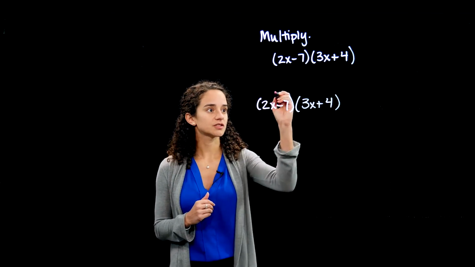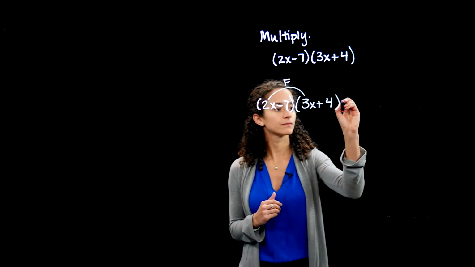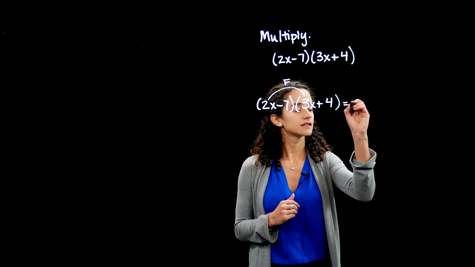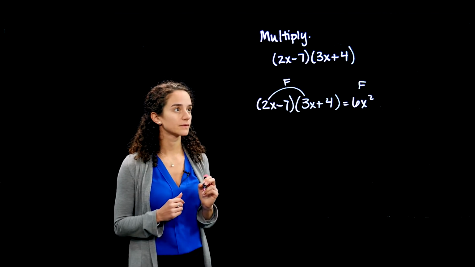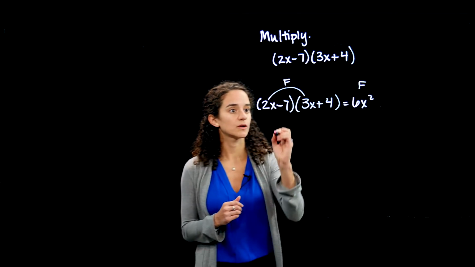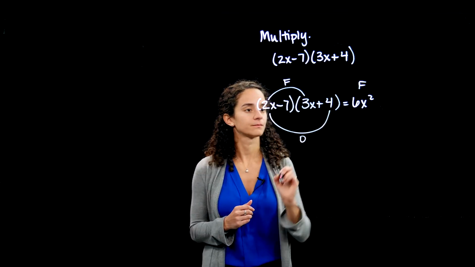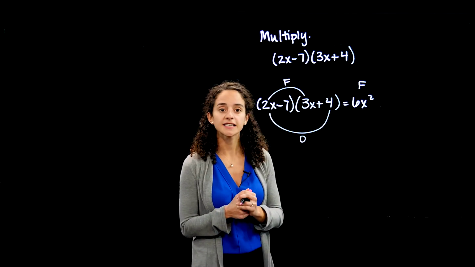So we first multiply the first terms. 2x times 3x is 6x squared. Next, we multiply the outer terms. 2x times 4 is 8x.